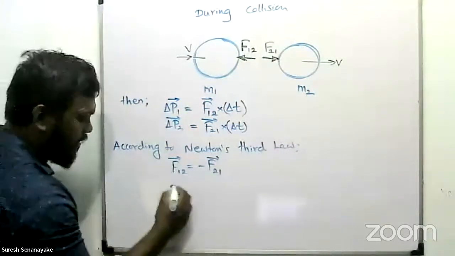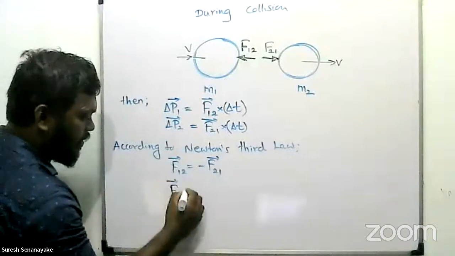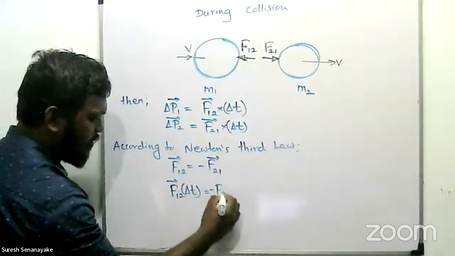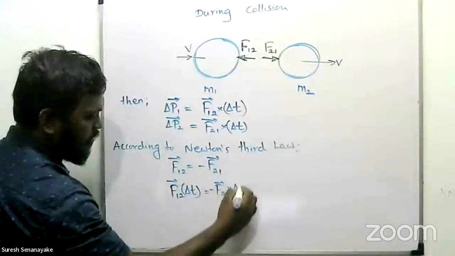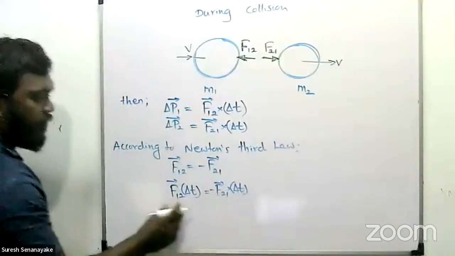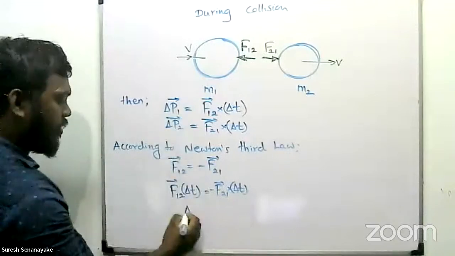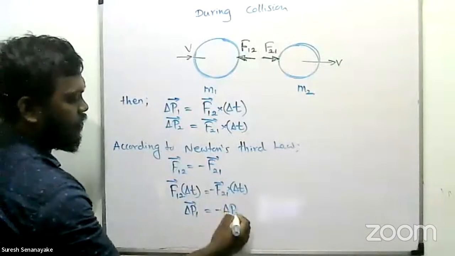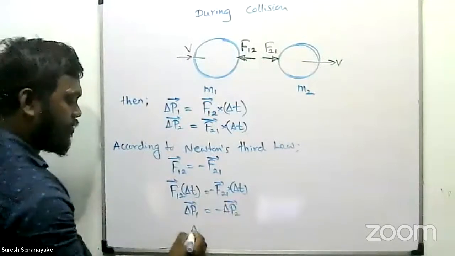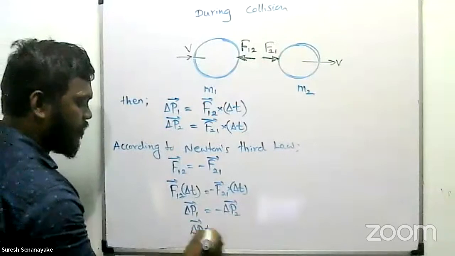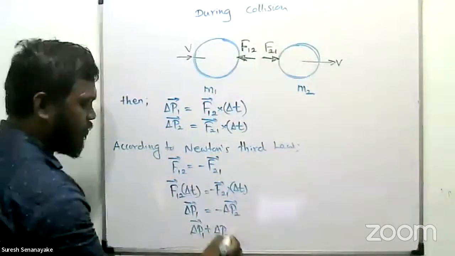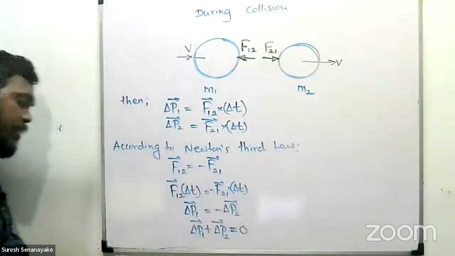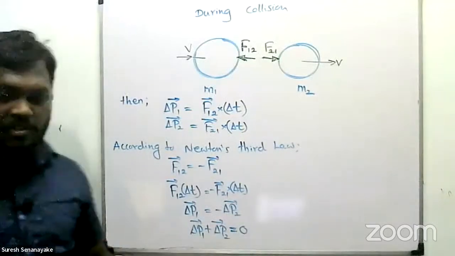So you can multiply this by delta t, minus F21 delta t. This F12 delta t is delta p1, minus delta p2. So then you can take this to this side, delta p1 plus delta p2 equals 0. That means the total change in momentum is 0.